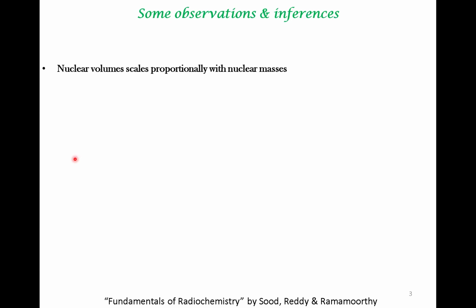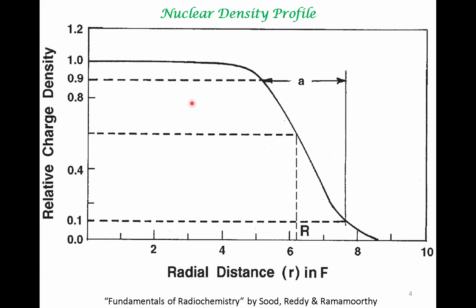It is also observed that the nuclear volume scales proportionally with nuclear mass. This seems to suggest that the nuclear densities are more or less similar across different elements. The typical model for nuclear density is as follows.